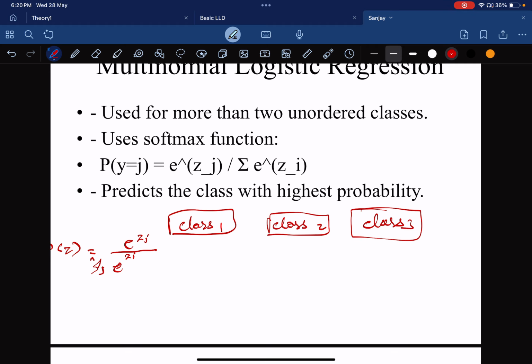In this, also, each class has a regression equation. For simplicity, we can take the number of inputs as 1.